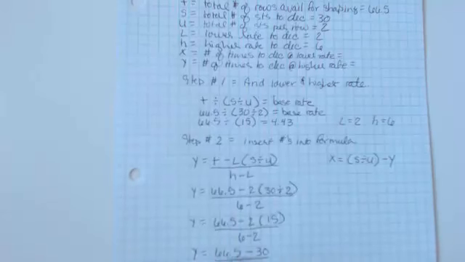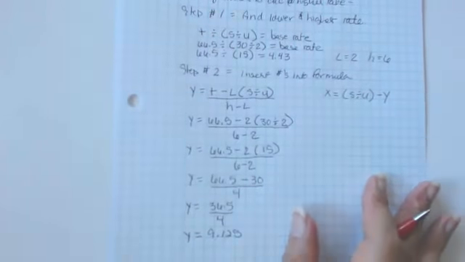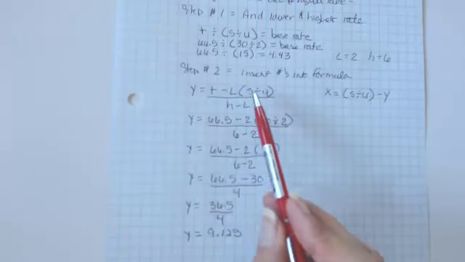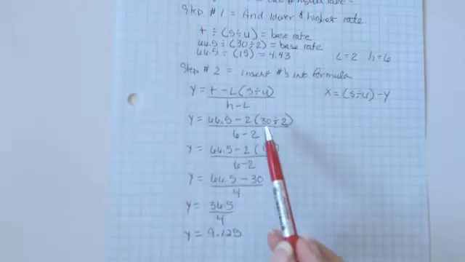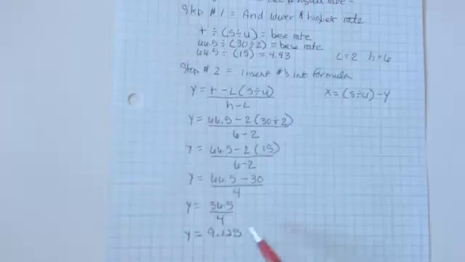Y equals 66.5 minus 30 is 36.5 divided by 4. So Y equals 9.125. So all I did was plug in my numbers, and then I just started doing each little bit step by step until I got down to my final number.